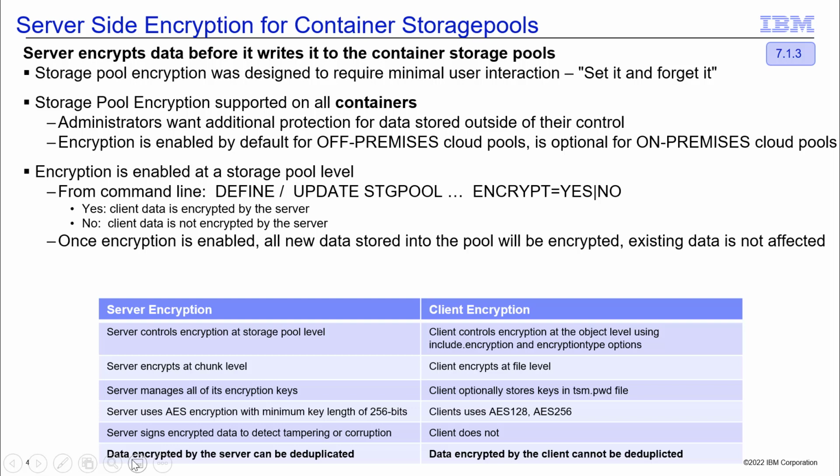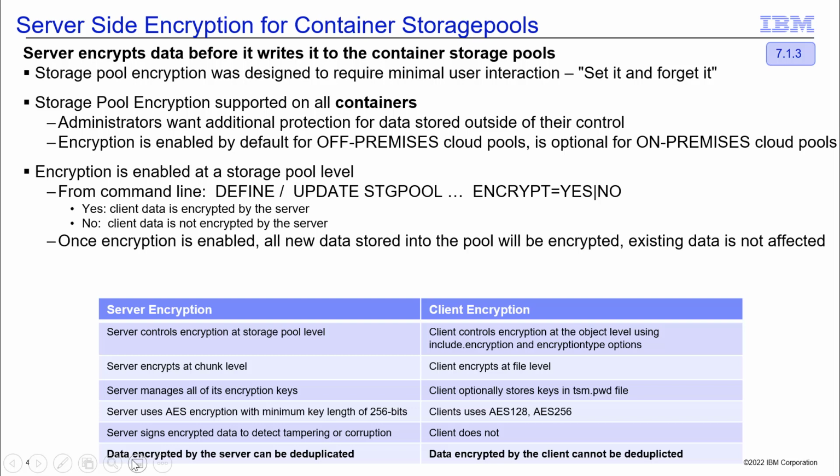If you were to use the previously existing client encryption, the client controls the encryption at the object level, based upon the include encryption or exclude encryption options, as well as the encryption type options in the client options file.